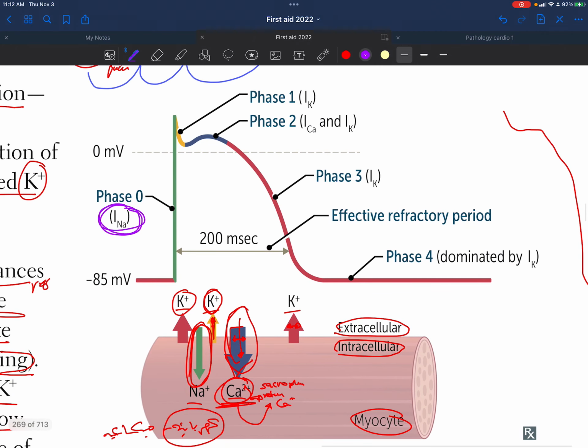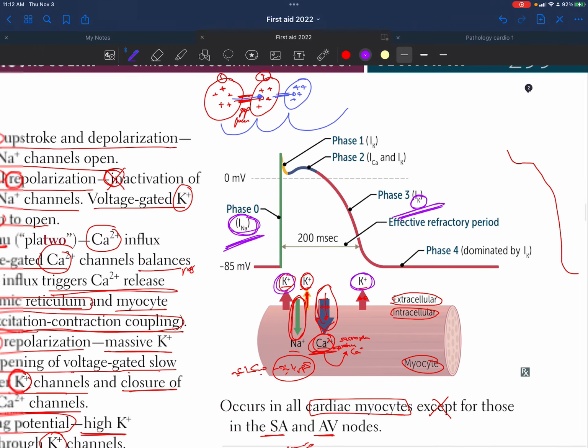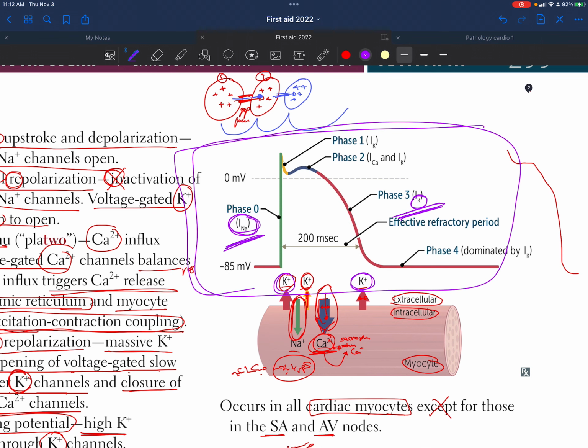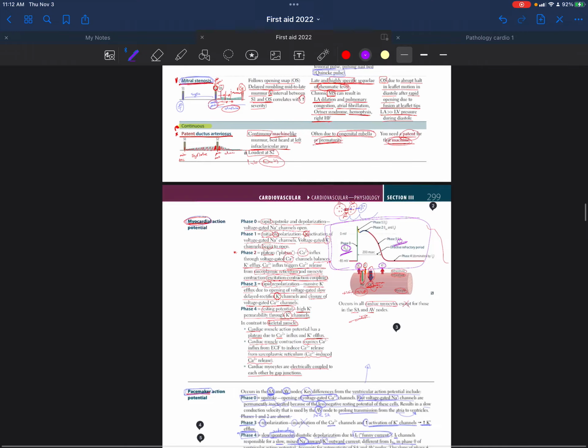And then we also have a need for the repolarization to use the potassium channels. That will allow the efflux of potassium for the muscle to keep on repolarizing. So if we do have a problem with these channels, that means we have, as a result, a problem with the contraction or repolarization of the cardiac muscle.